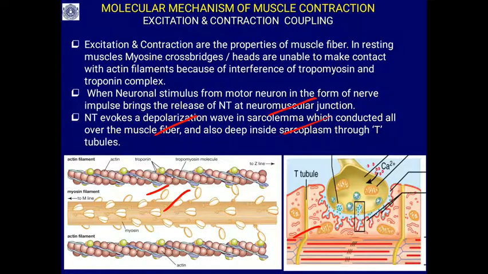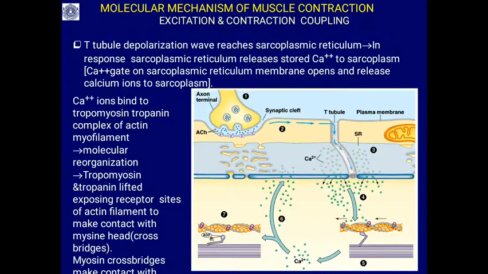This is also transmitted to the sarcoplasmic reticulum because the T tubule is in contact with it. The calcium channels open in response to this depolarization wave, so that calcium ions get released.